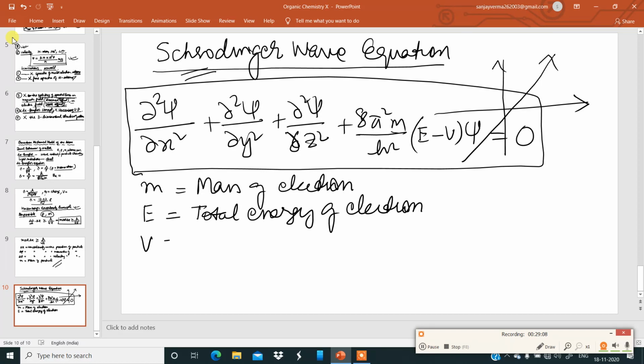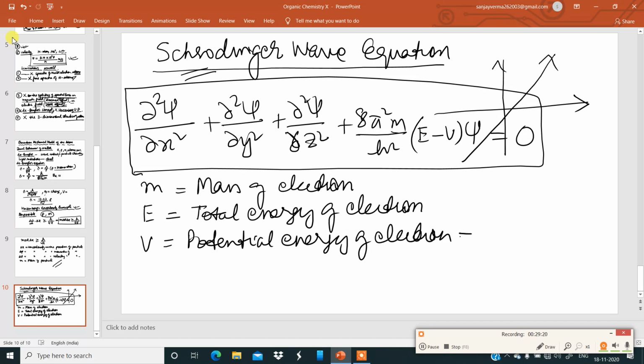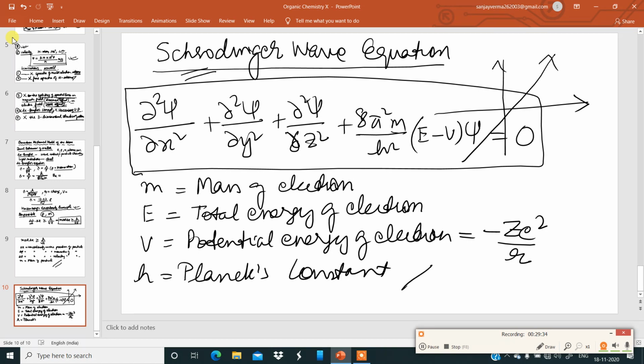Then capital V stands for the potential energy of the electron, which is equal to minus Z e square by r. Then there is small h, which is called Planck's constant, whose value is always given in the examination for calculation purposes.